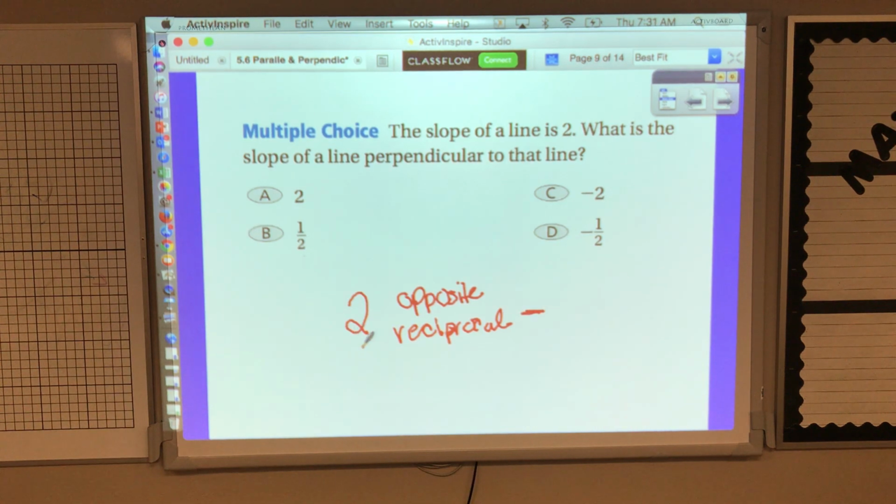And if my slope is 2, which is really 2 over 1, when I flip that, it becomes 1 over 2. So if I have a slope of 2, the perpendicular line will have a slope of negative 1/2. And that's what opposite reciprocals mean. They're different signs, one positive, one negative, and the slope is flipped in fraction form.